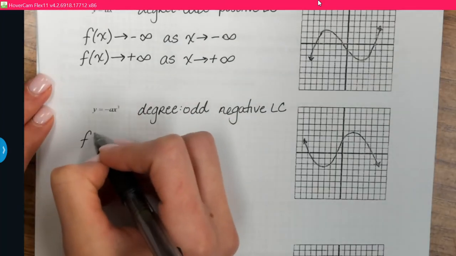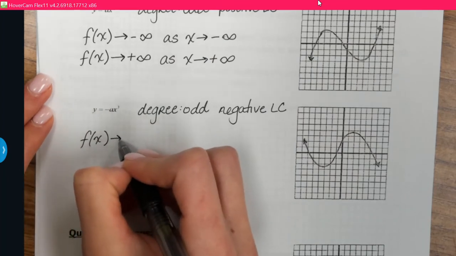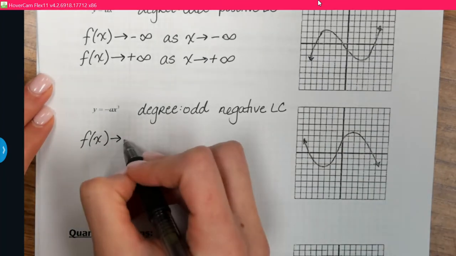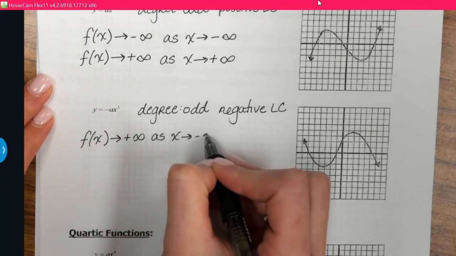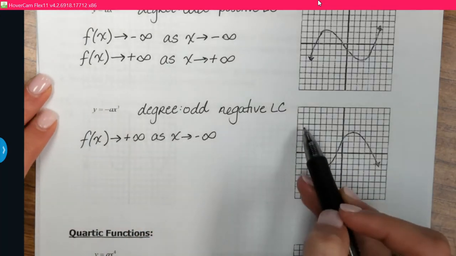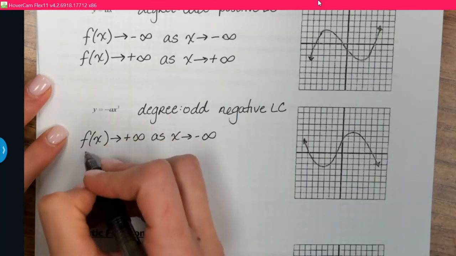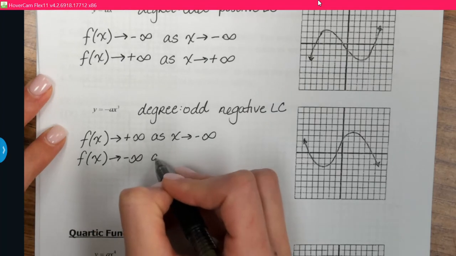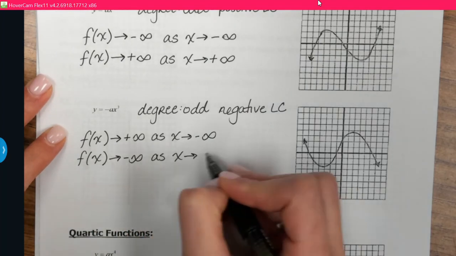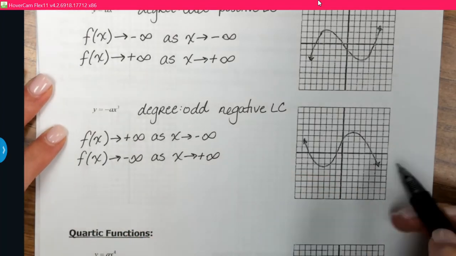So my function is going to approach positive infinity as x approaches negative infinity, meaning as it goes left, it goes to positive infinity. And then my function goes to negative infinity as x approaches positive infinity.